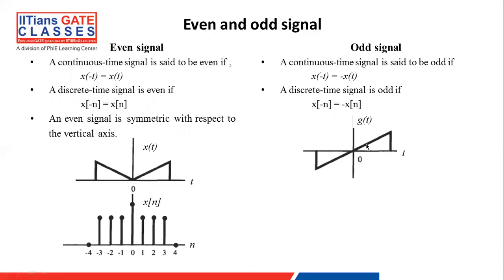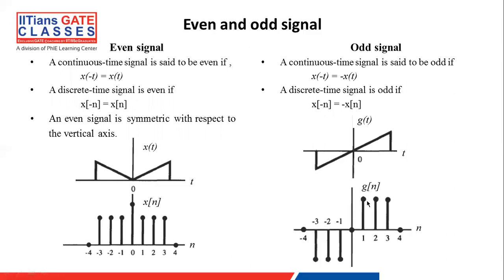Similarly, in discrete time, for a positive value of n, let's say its value is positive. For a negative value of n, it will be the negative of the corresponding positive value. For example, at n equal to 1 we are getting some value here, and at n equal to -1, it will be the negative of this value.